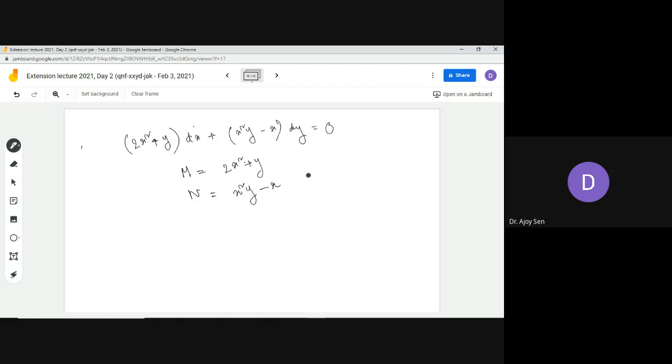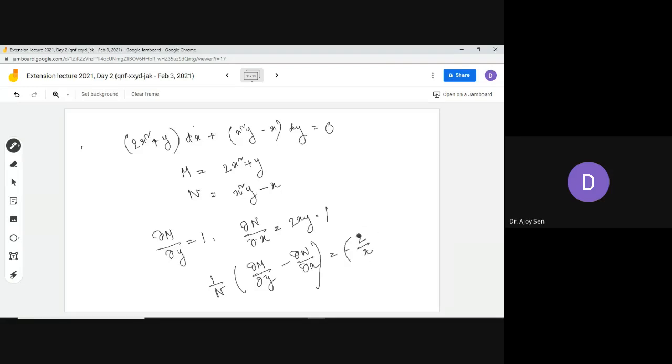You can check if it is exact or not, and you will see that it is not an exact equation. So what you will do, you will find del M del y is 1, and del N del x is equal to 2xy minus 1. Now if you check what is 1 by N times (del M del y minus del N del x), if you just simplify, you will get minus 2 by x.